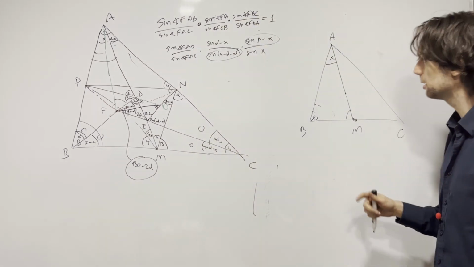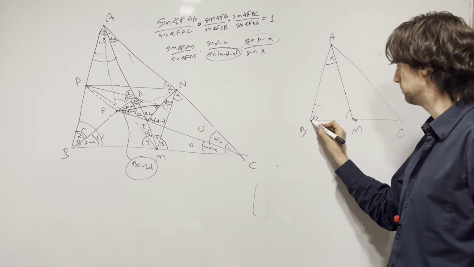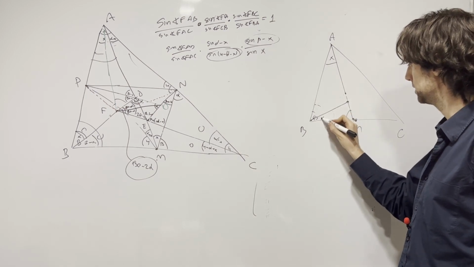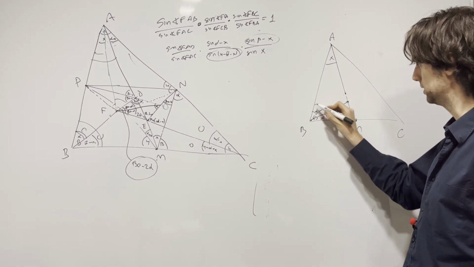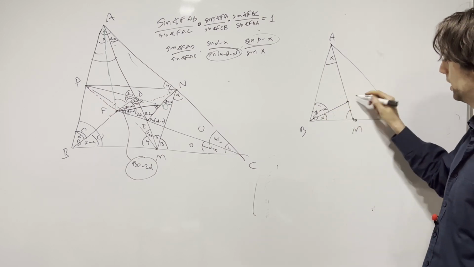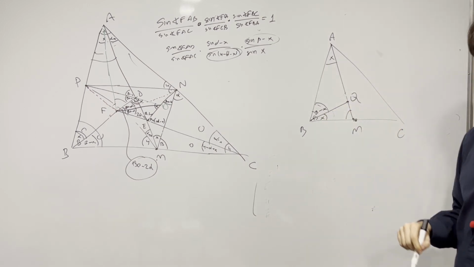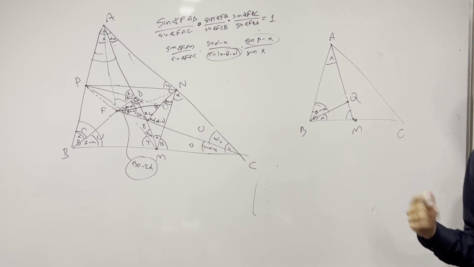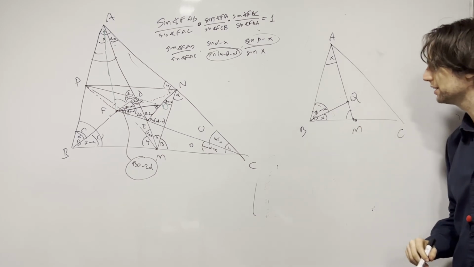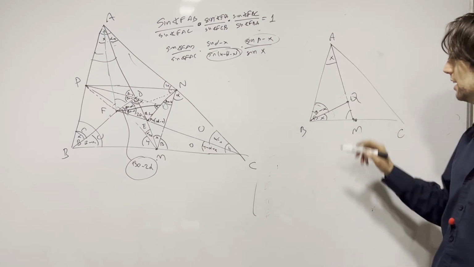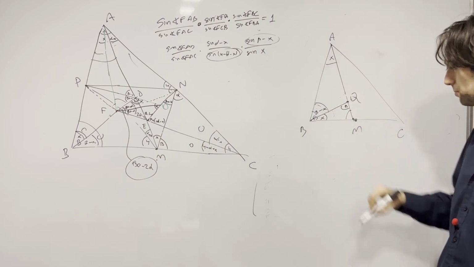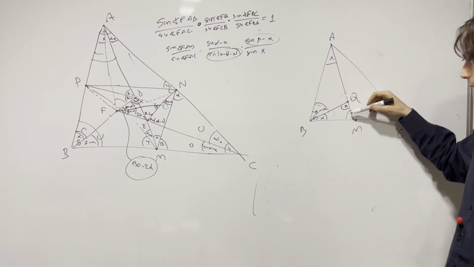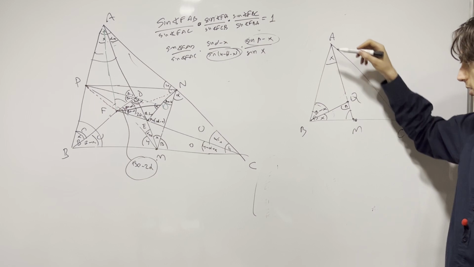So for me, let me try to do the opposite. If I give this angle x, now this is beta minus x, and I'll call this point Q. For those of you that have watched one of my lemma videos, this is a famous point in these videos. And now this angle right here is beta. And now what do I know? I know these two triangles are similar.